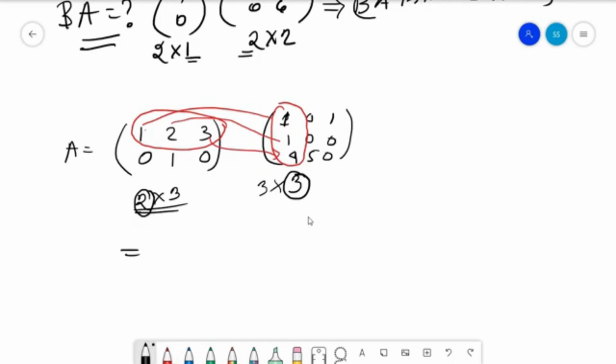Let me write that down explicitly. So this one is 1.1 plus 2.1 plus 3.4. This is just one element. And how many times do you have to work with this first row of matrix A?